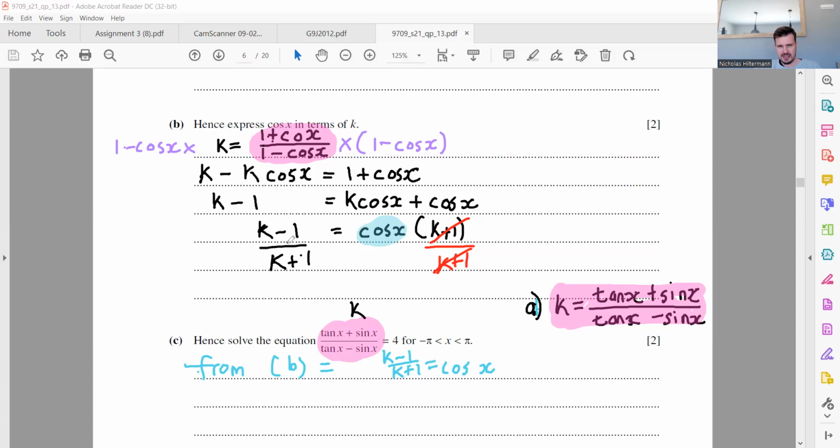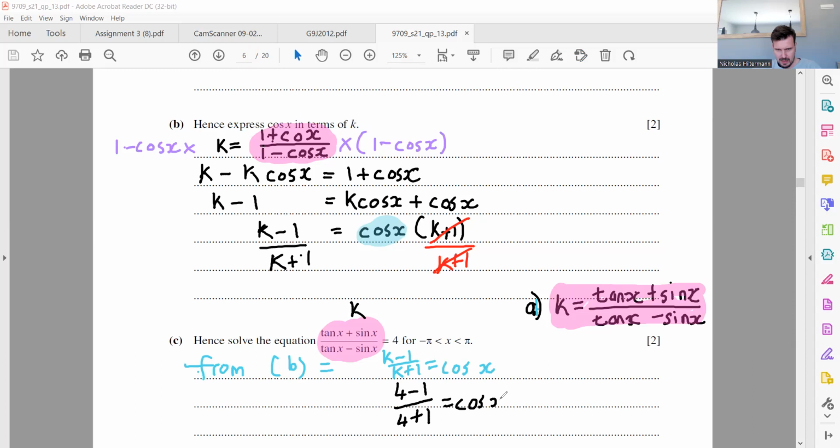And then in B, we were told to solve cos x in terms of k. So now we can replace k, because they've told us in C that k is 4. So everywhere I see a k, I'm going to put a 4. So (4 - 1) / (4 + 1) equals cos x.